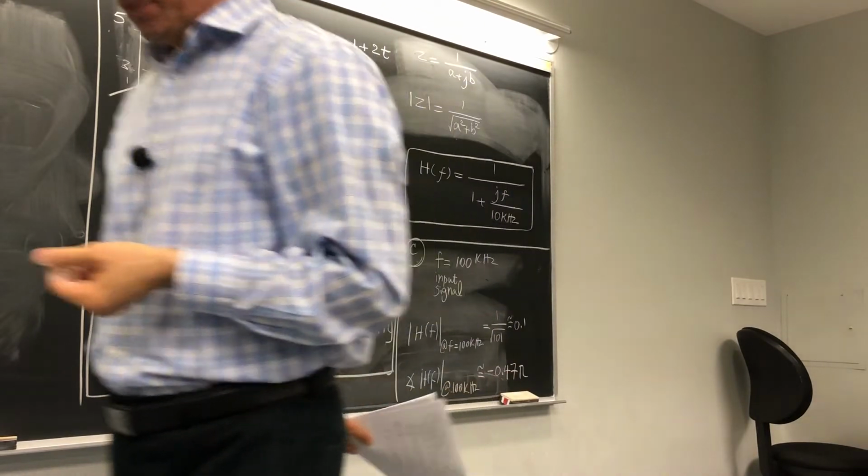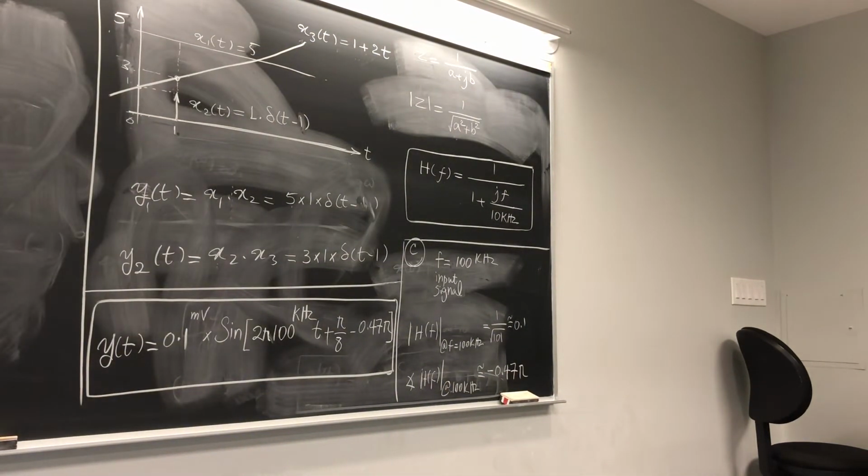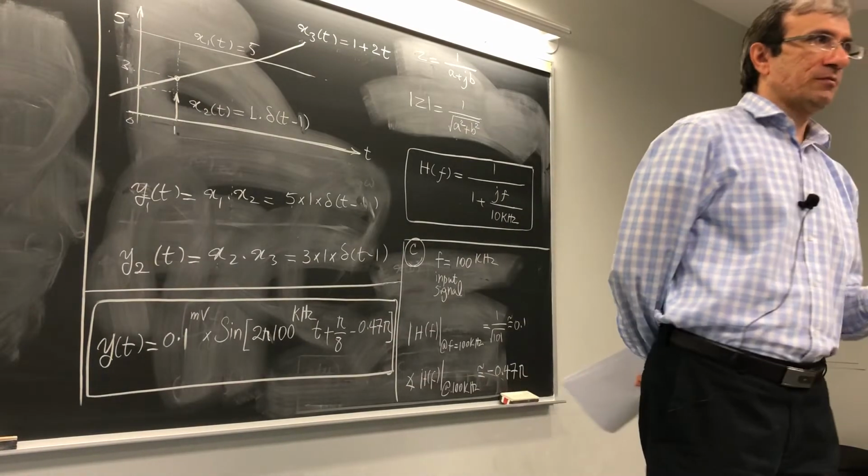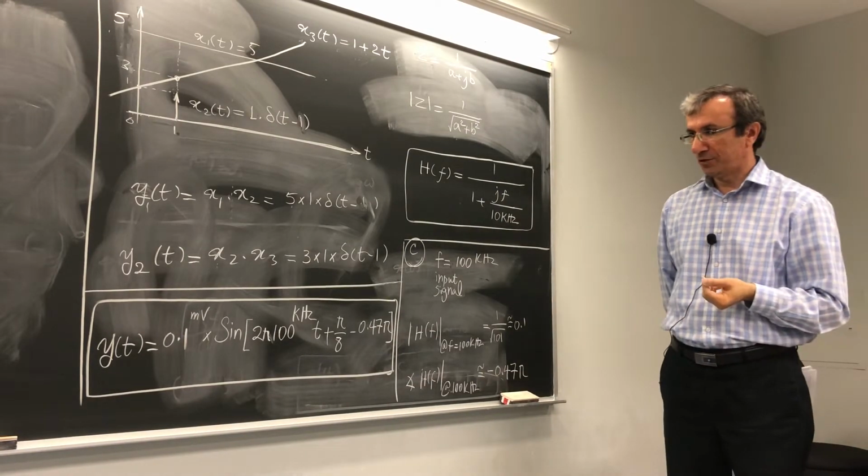Because of the linearity of the system, we find the outputs to each one of the inputs and then add them up, whatever combination you've got at the input. For instance, alpha x1 plus x2: if that is the input, then the output would be alpha y1 plus y2.